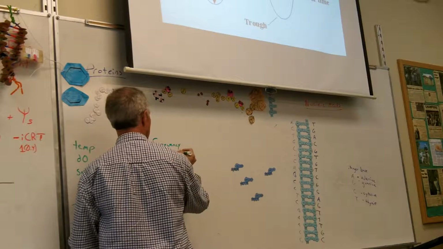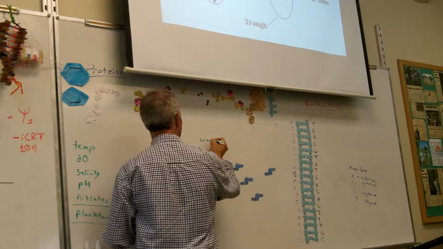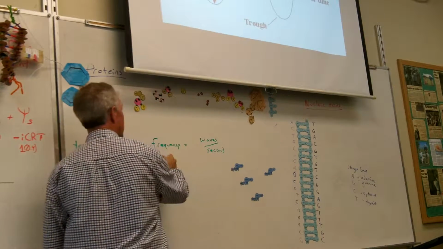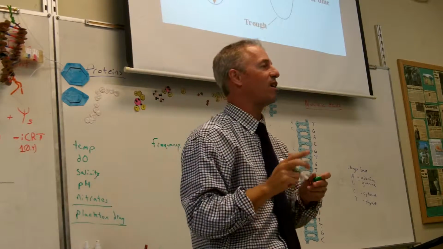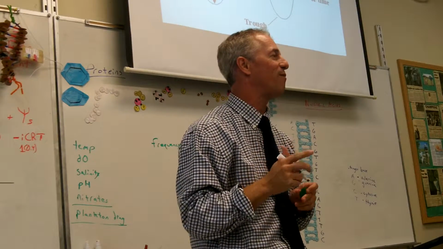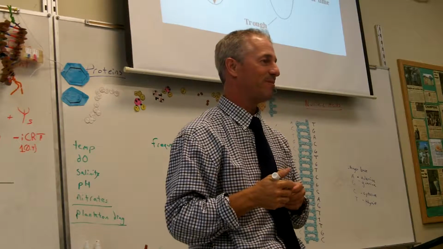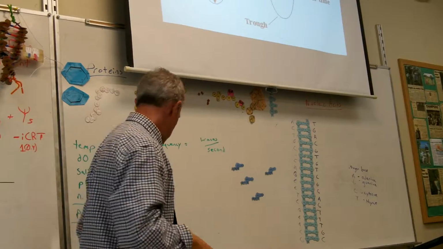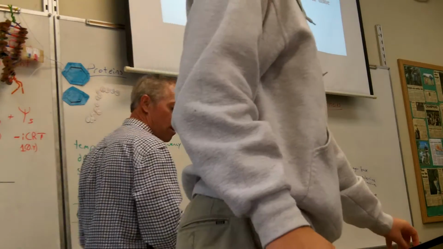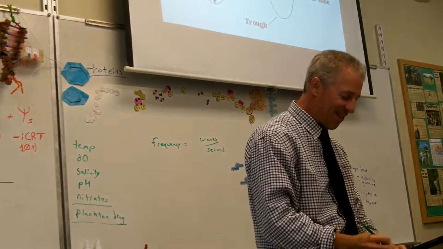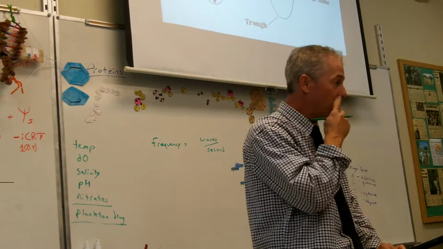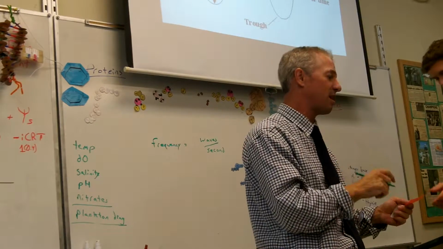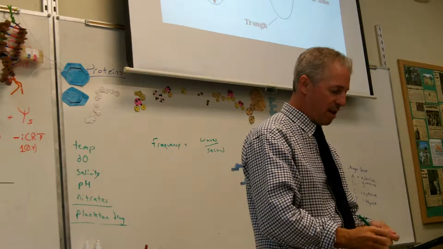10 points. If you and your group can tell me what is the frequency of waves if they're coming by once every 5 seconds. White is correct. What'd you say? What's the frequency of waves if the waves are coming by once every 5 seconds? Yeah. Peach is correct.